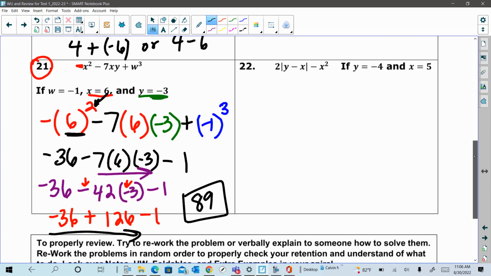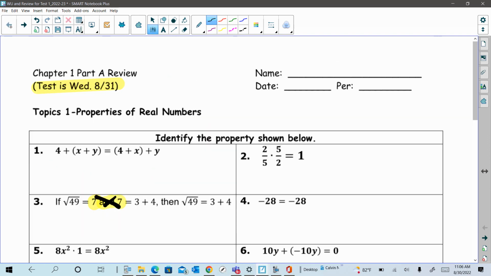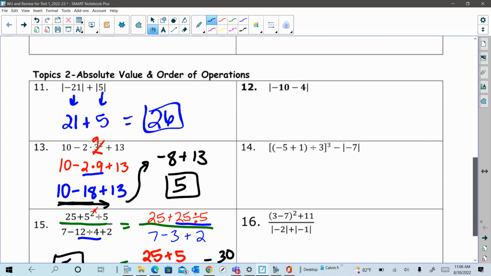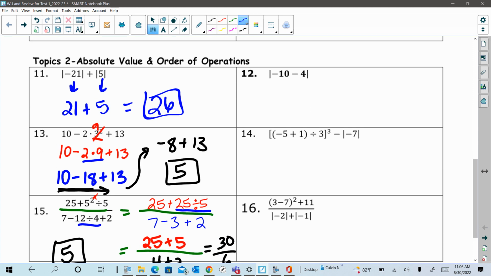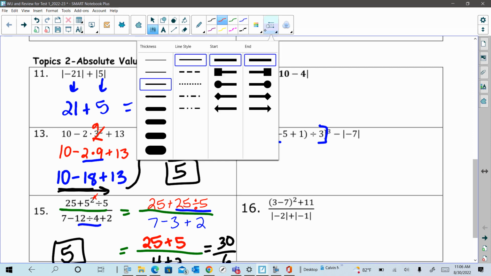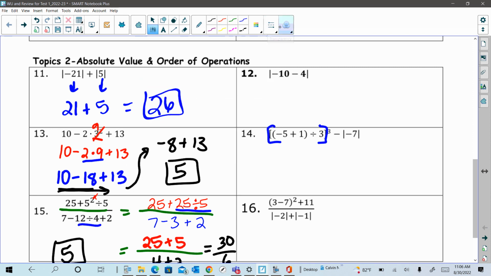Okay. All right, so I'm going to go back to the front on 14. This is a grouping. I need to do everything inside this grouping first, which would be the parentheses. This turns into a negative 4 divided by 3. I would keep it as a fraction. That's the easiest way because you have a grouping here, right?